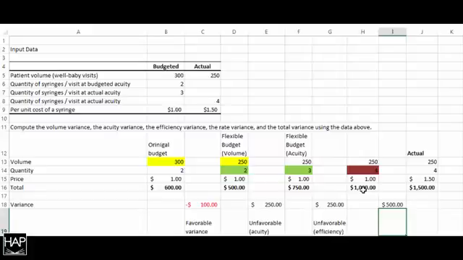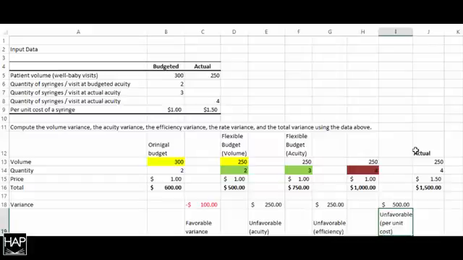So anytime you have a positive amount, it means that your actual cost more than what your budget allowed for. So that is a negative thing. We don't want to come in higher than what our budget was. So that's unfavorable, and that's due to the per unit cost of the syringe. So we estimated that the syringes would cost less than they actually did.